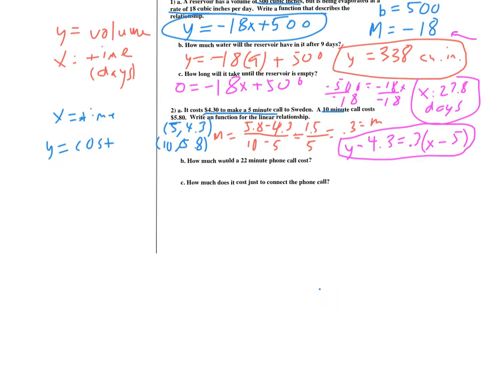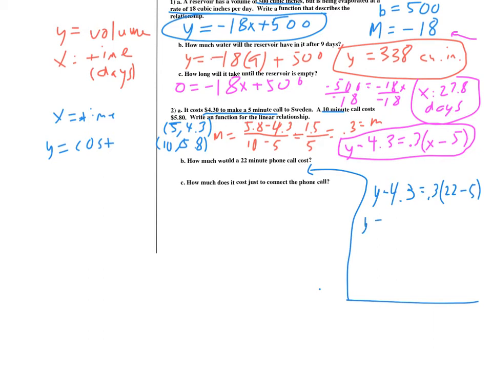All right, next up it says how much would it cost to do a 22-minute phone call. So I'll go ahead, since we got some space, we'll do it over here. So x is time, so I'm going to say y minus 4.3 equals 0.3 times 22 minus 5. So I'm just going to plug that in there.